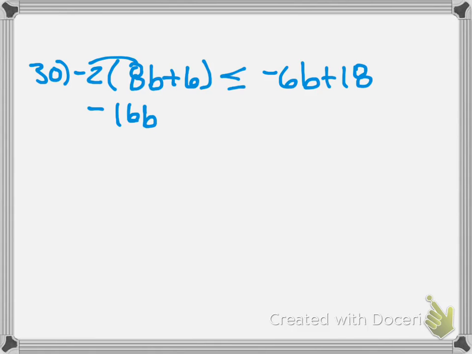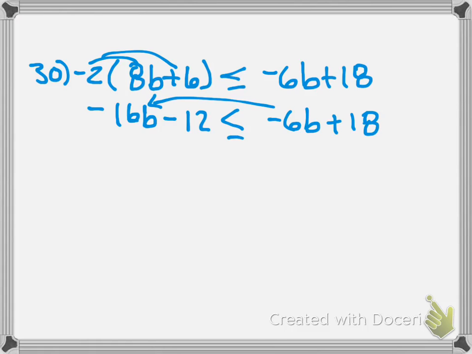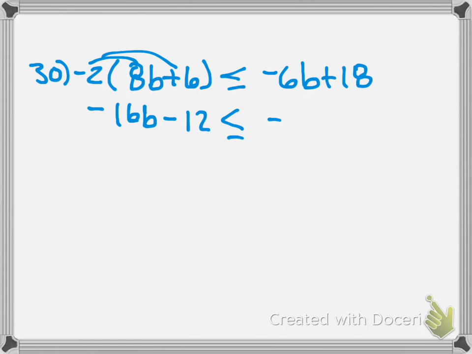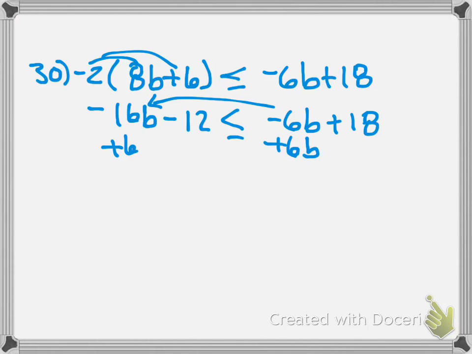So I'm going to distribute and get negative 16b minus 12, less than or equal to negative 6b plus 18. Now, again, variables to the left, so that's going to be a positive 6b. And then numbers to the right, plus 12.